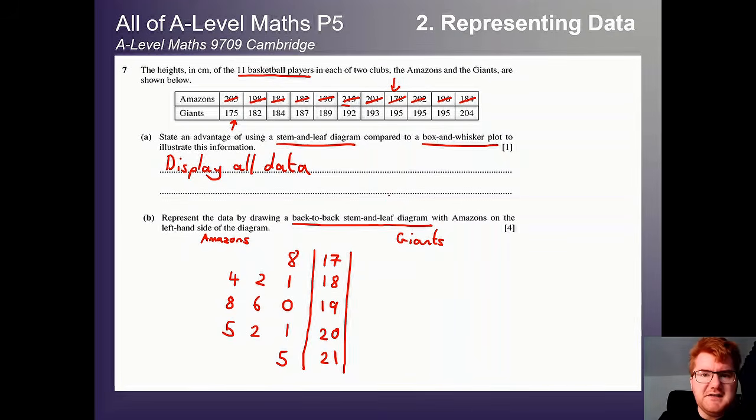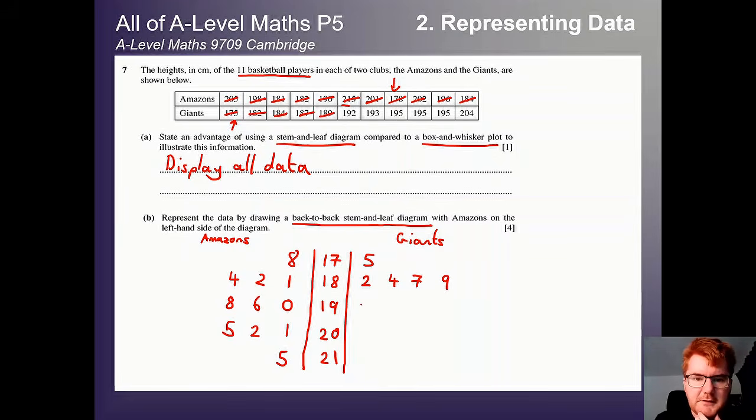Now we do the giants here, who are slightly on the smaller side. So we have 175 first of all. Cross that off. Then we have the 80s. So we've got 182, 4, 7 and 9. In fact, these are in order, so that's kind of helpful. So 2, 4, 7, 9.